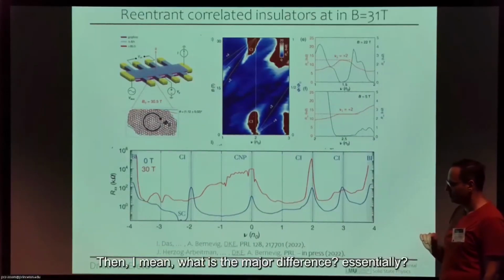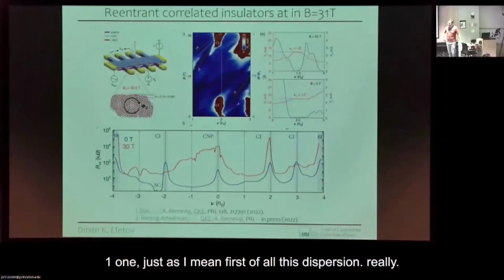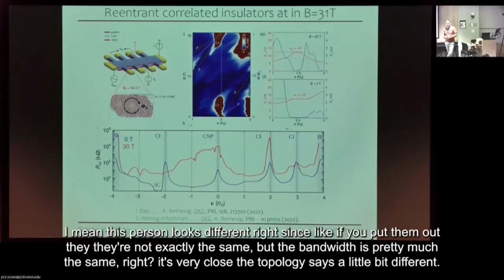What is the major difference essentially? First of all, the dispersion looks different, right? If you plot them out, they're not exactly the same. But the bandwidth is pretty much the same. It's very close. The topology is a little bit different then.